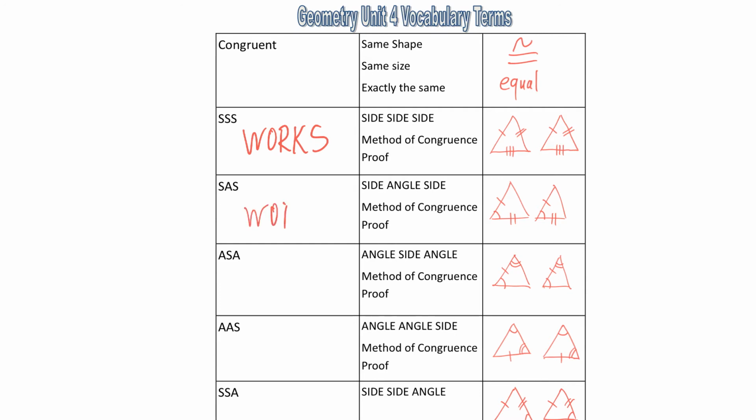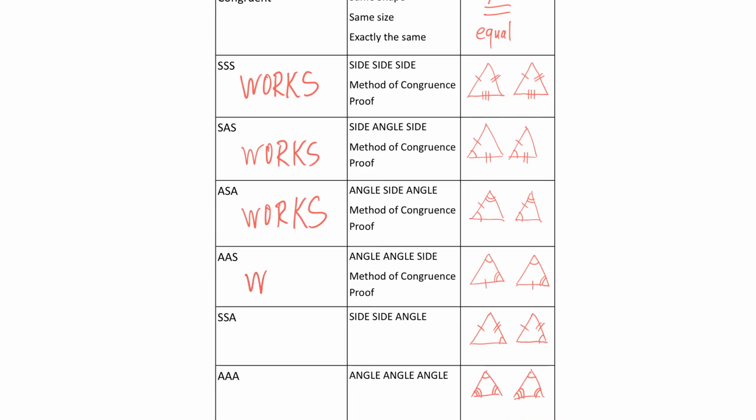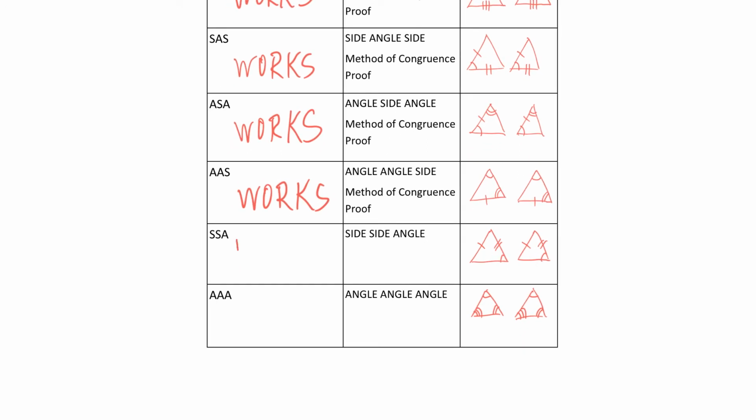This next one works to prove congruence. This third one, angle side angle, works to prove congruence. The angle angle side works to prove congruence. The side side angle does not work. And the angle angle angle does not work.